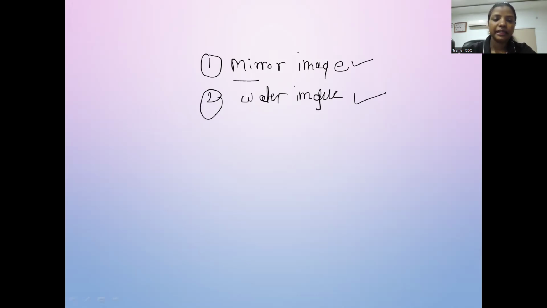Okay, let me give you one real life example for mirror image. We know that every day we are looking at a mirror, right? Suppose you're walking in a room and you see that there is one mirror. If you look at the mirror, you will find yourself very far, because that mirror is far from you.